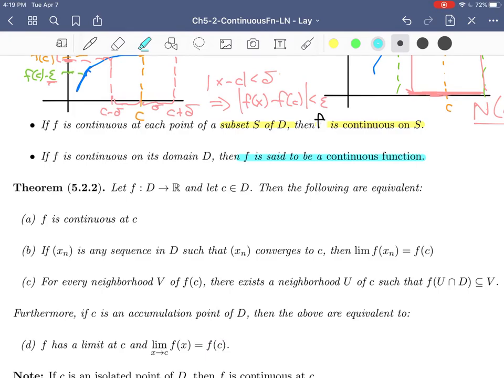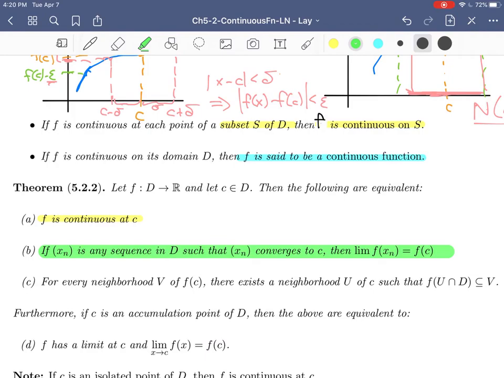So what are some properties of continuity, or what are some other things we think about? With continuity, if f is this function and c is a point in the domain, the following things are equivalent. Whenever we say f is continuous at c, that is exactly equivalent to saying if we have some sequence x sub n in the domain D that converges to c, then the limit of f of x sub n is also going to be f of c, right?